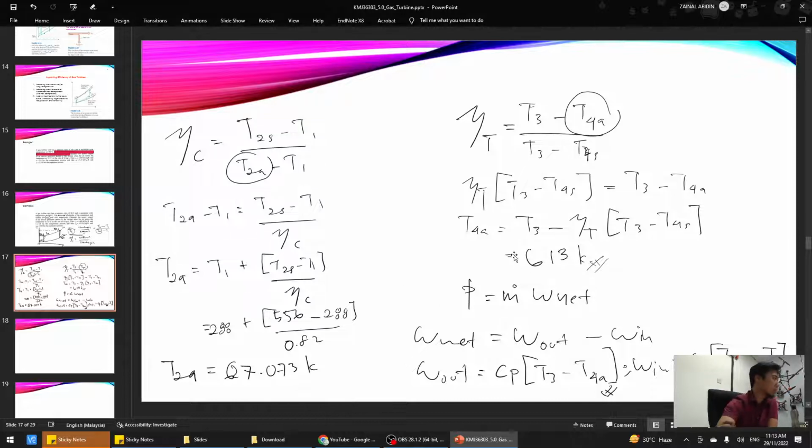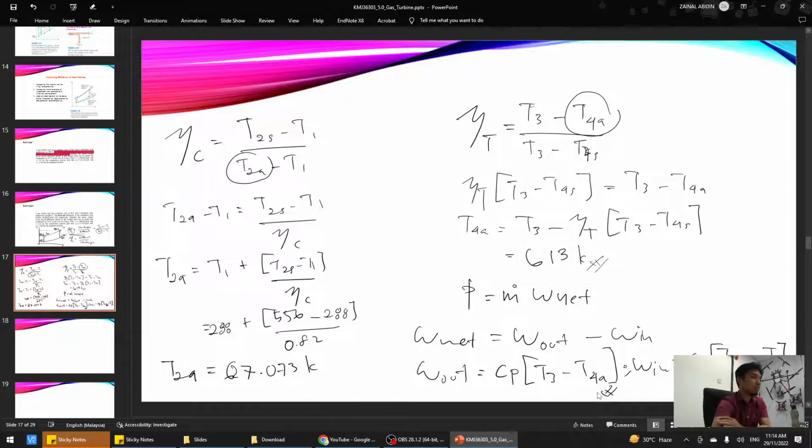Okay, sama. The step is almost similar to number 1. Of course, the same question, only I remove the isentropic. But now question number 2 asking you to use isentropic. So on the work out and work in calculation, you need to find actual temperature at the exit of the turbine and actual temperature at the exit of a compressor.